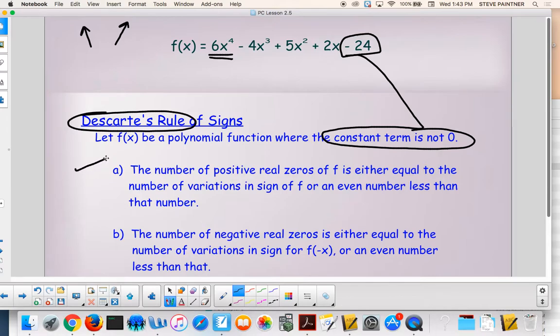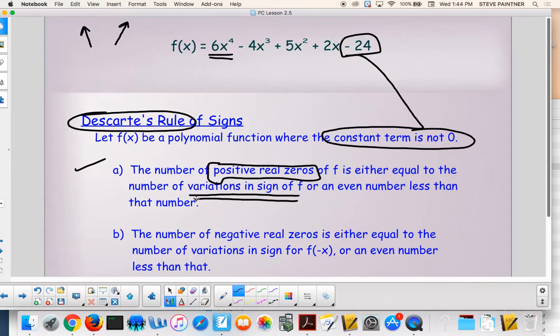Part A. Here's part A. The number of positive real zeros. So it's telling you what? How many positive real zeros does this thing have? Well, the number of positive real zeros of your function f is either equal to the number of variations in sign of f. That's kind of weird, the number of variations of signs. Here's what they're saying.